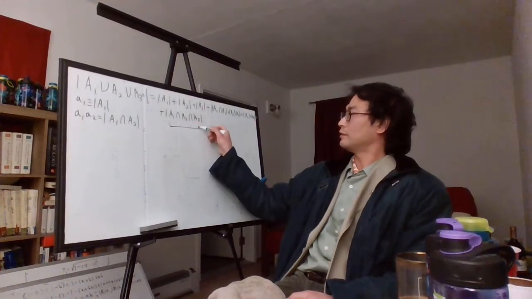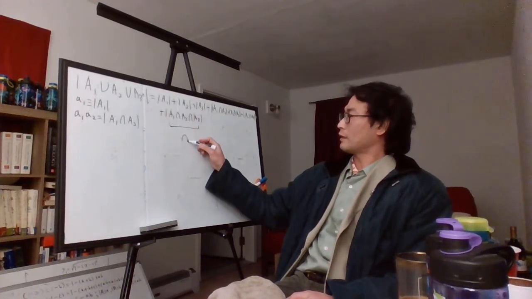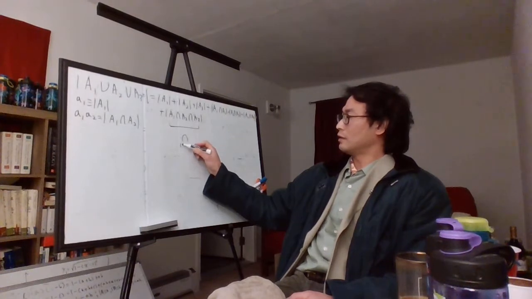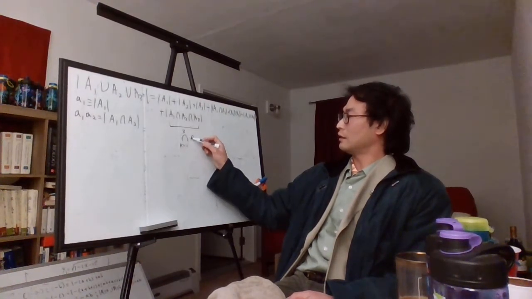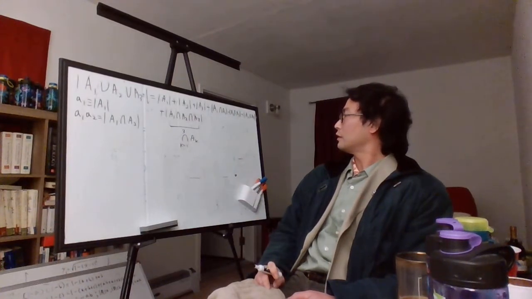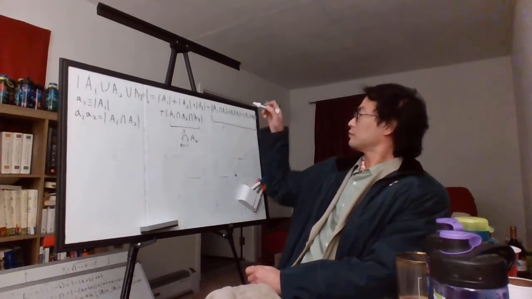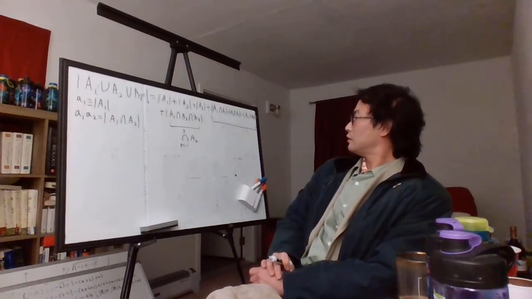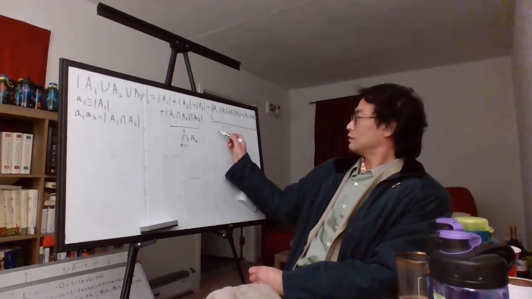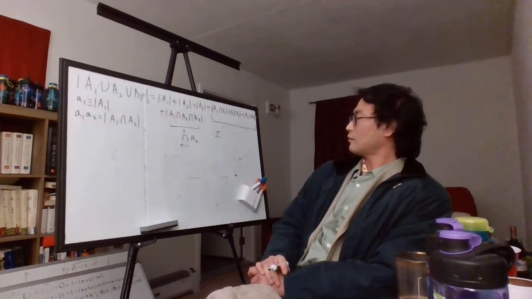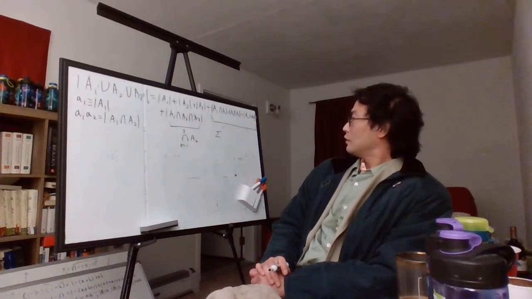Here you have the intersection, k from 1 to 3, of Ak, right? Here you have some kind of sigma.